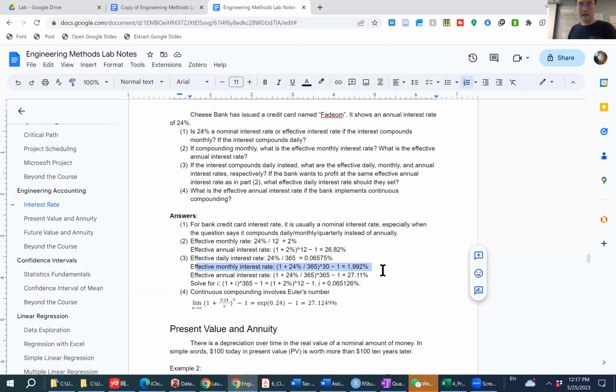All right. There's one remaining question. If the bank wants to profit at the same effective annual rate as in part 2, so here this quantity will be 1.26. Well, it's almost 27, but let's make it more accurate.